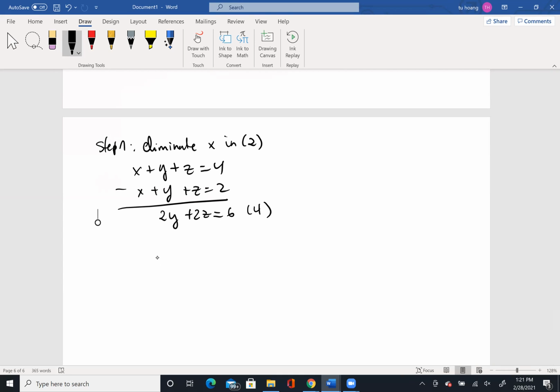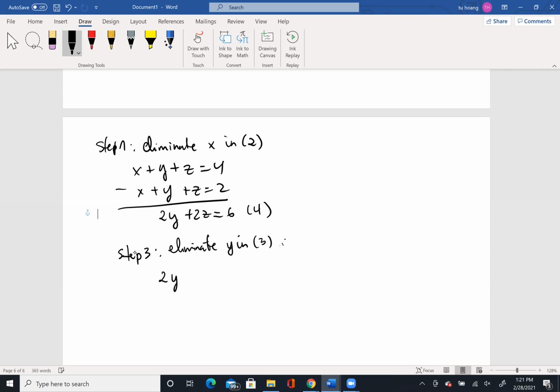So you move to step number 3. We're going to try to eliminate y in 3. No, actually, in 4, in 3. Okay, in 3. How can I do that? I'm going to use equation number 3 and equation number 4.